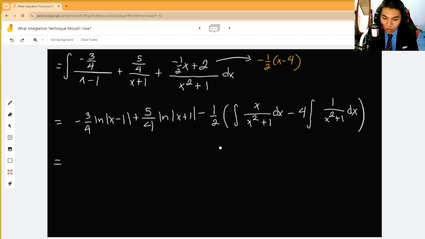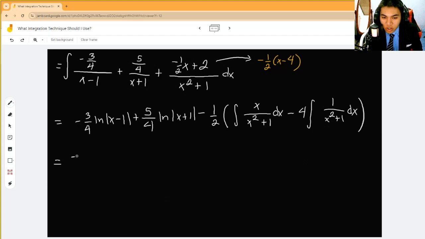Okay, so we can do that. For this one, this is an inverse tangent situation, arctan, so to speak. So let's do the work here actually. So we can find out the answer for this. This is actually the answer. We can just write this down and then evaluate the answer from here.